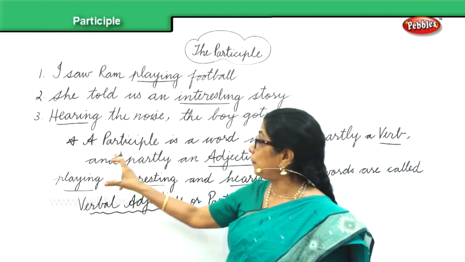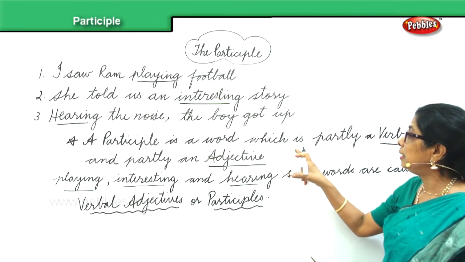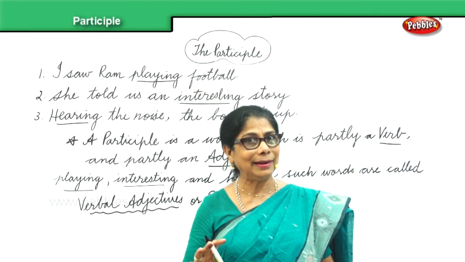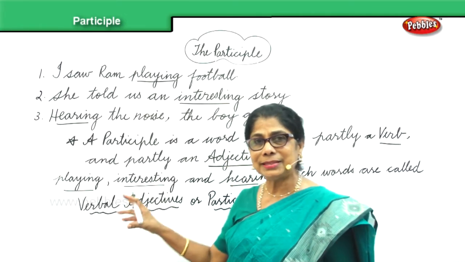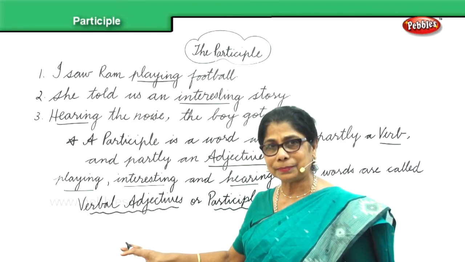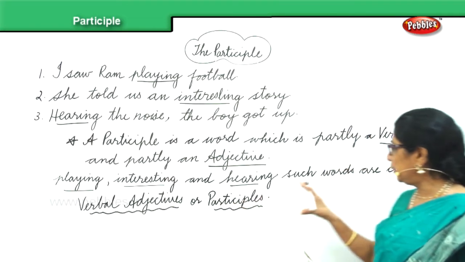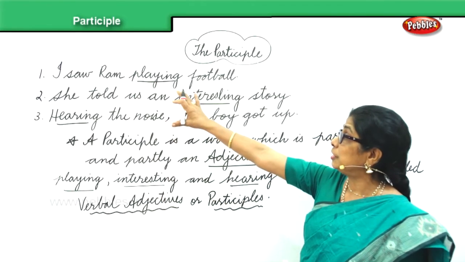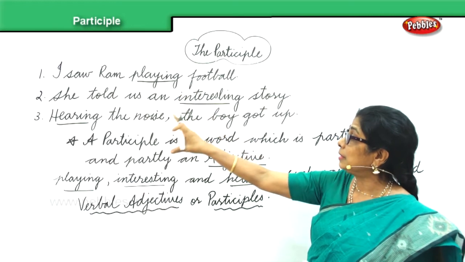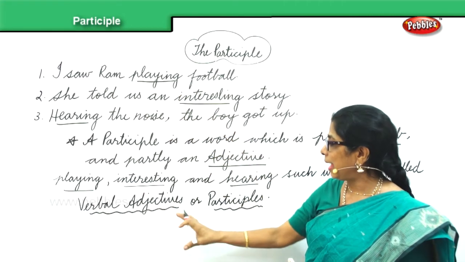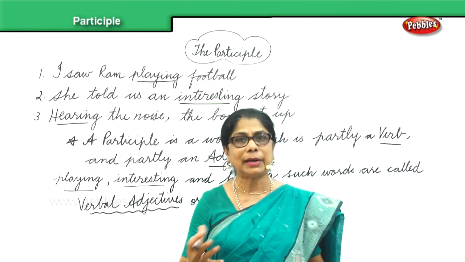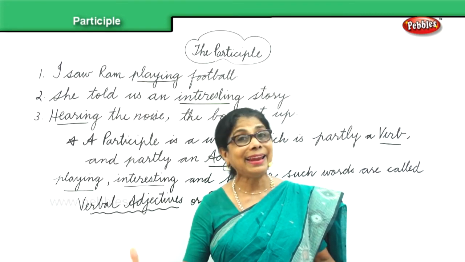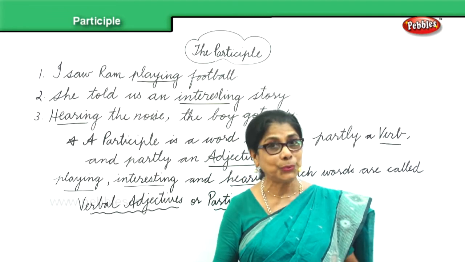What is a participle? A participle is a word which is partly a verb, partly an adjective. So playing, interesting, and hearing are verbal adjectives or participles because they do the work of a verb and act like an adjective too.